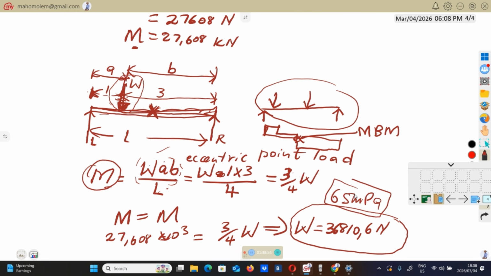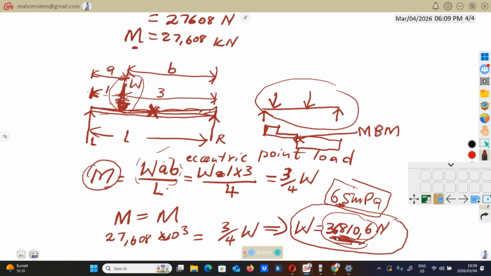So for stress to be 65, the load must be this. So to be safe, in order for the stress not to exceed this much, you must make sure that the load that you apply there mustn't be more than this value. It can be anything less than this. So this will be the maximum load to be applied on that beam.